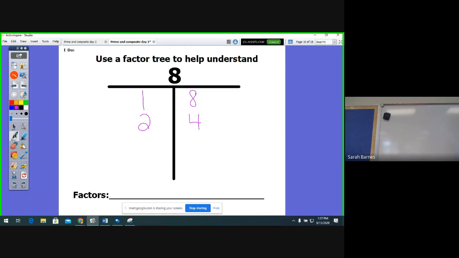We know 4 times 2 gives us 8. I think that's as high as we can go. So when we're writing out our factors, we're going to do 1, 2, 4, and 8. And those are the factors for the number 8.